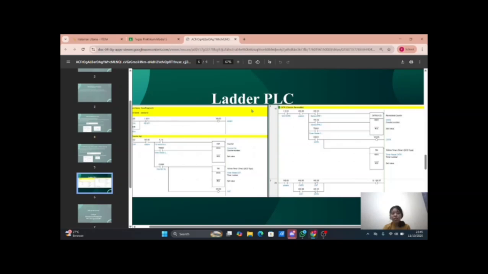The reversible counter or CNTR, on the other hand, can demonstrate counting in both directions, such as simulating a conveyor belt that moves forward and backward.